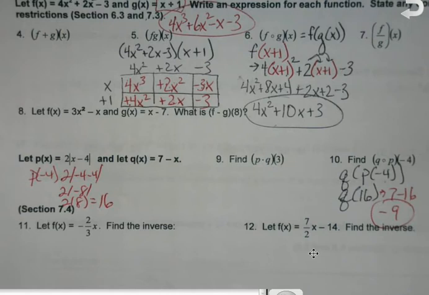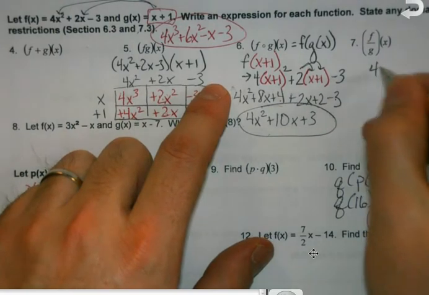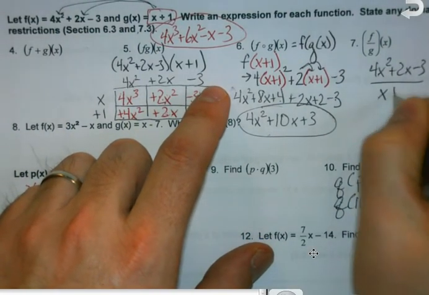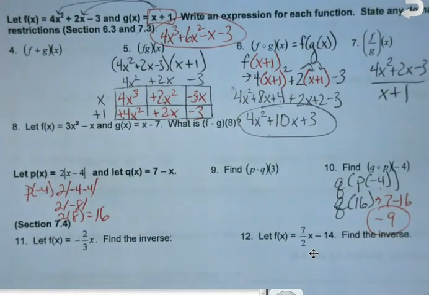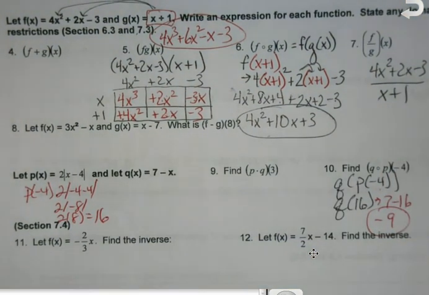Yes, sir. Number 7. Basically, we've got f of x divided by g of x. I can't reduce anything. With those pluses and minuses, those things are all bonded unless they were identical, and they're not. So I can't cancel anything.